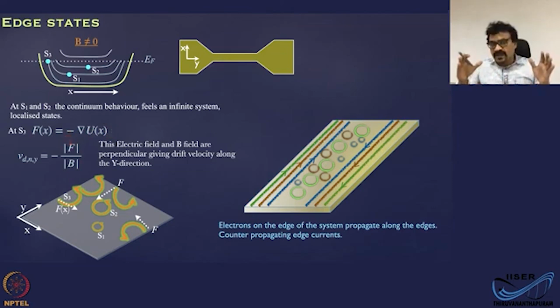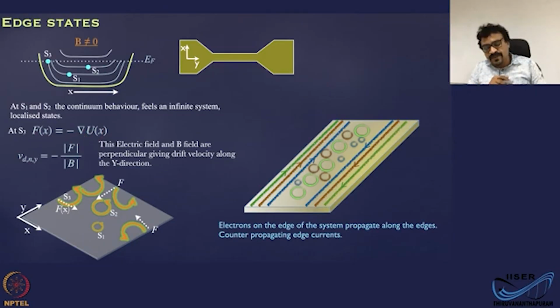So you can consider that at the edges the potential is going up, but this action is like you're pushing the electrons into the bulk, with a force f of x given by minus del u.